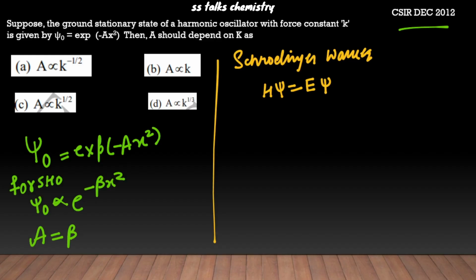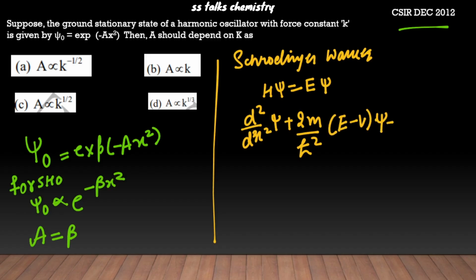On rearrangement, the final equation we get, considering one dimension only, is d square by dx square times psi plus 2m upon h cut square into (E minus V) times psi, and this value is equal to 0. So now for the SHO, potential energy is half of k x square, where k is your force constant.